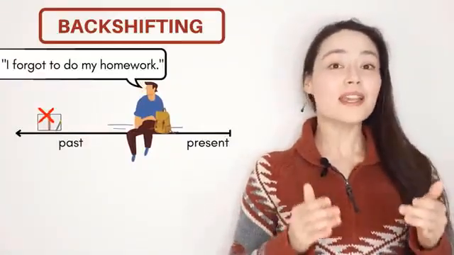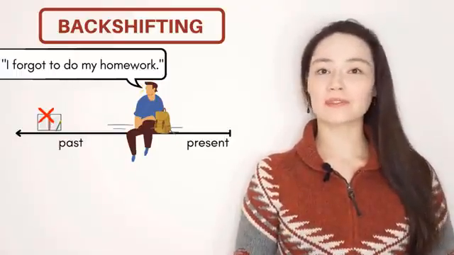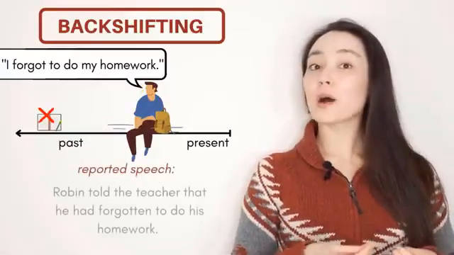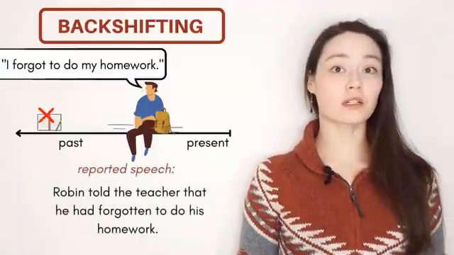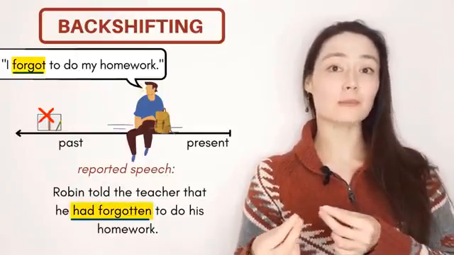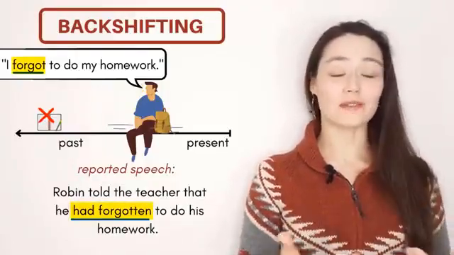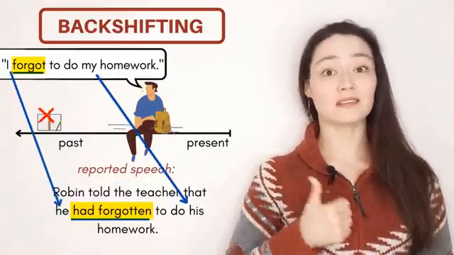We can see here now the present has become the past. Robin told the teacher that he had forgotten to do his homework. You can see I change the past simple to the past perfect. And I've changed the pronouns. I and my becomes he and his.